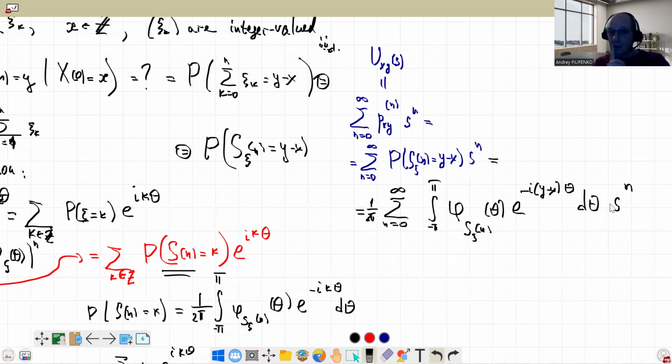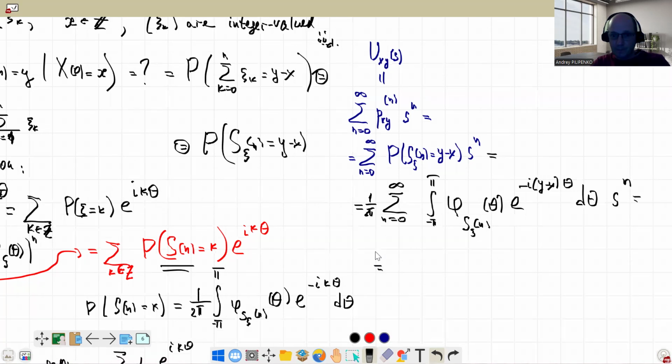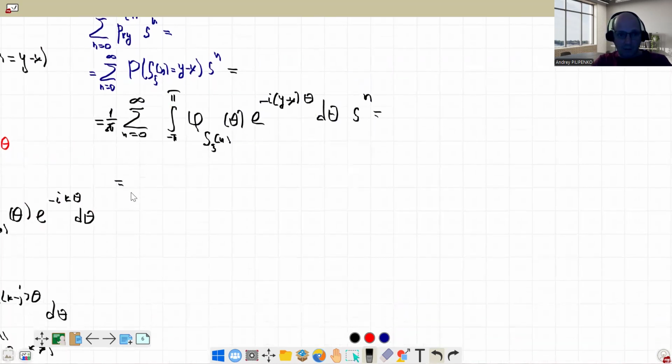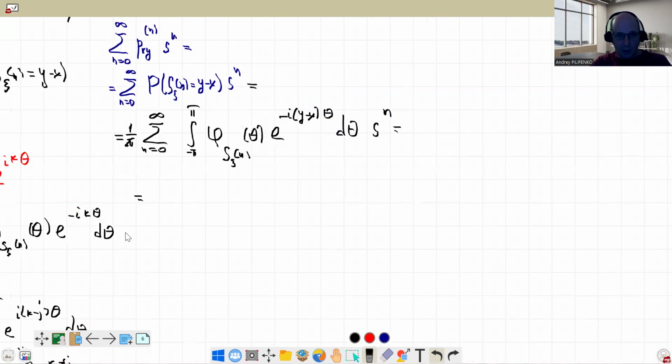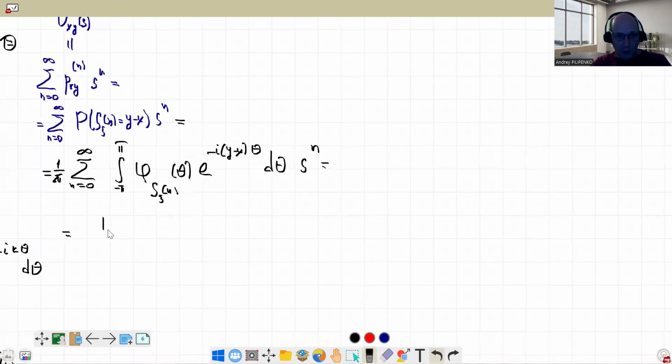d theta, s to the power n. And now recall that this is a product of characteristic functions. So characteristic function of psi to the power n.